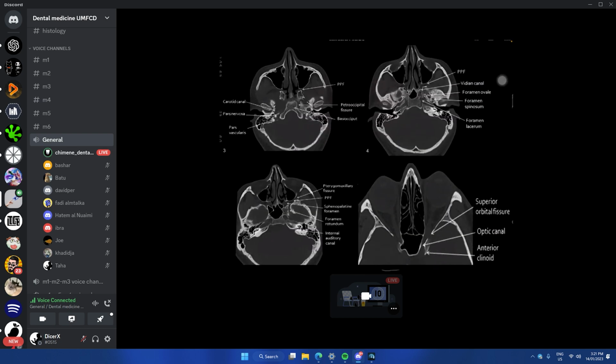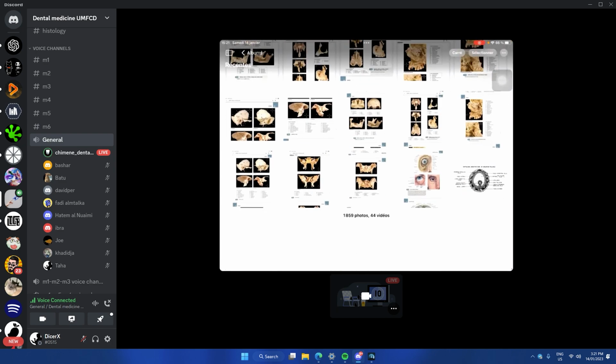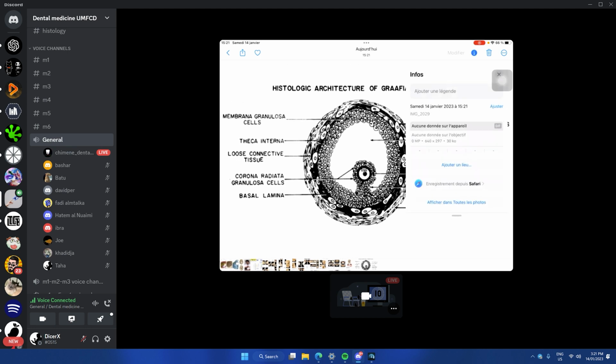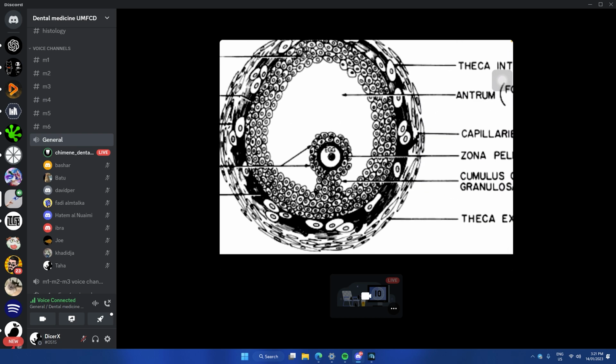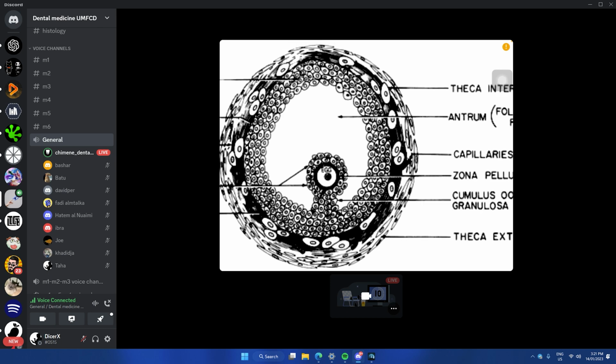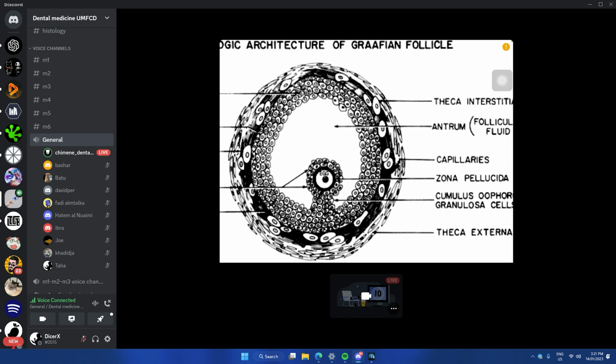So you have the external theca here, the most external layer. The internal theca, the second layer, it's the interstitial. Those here, the internal theca, the cells are bigger than the external theca.